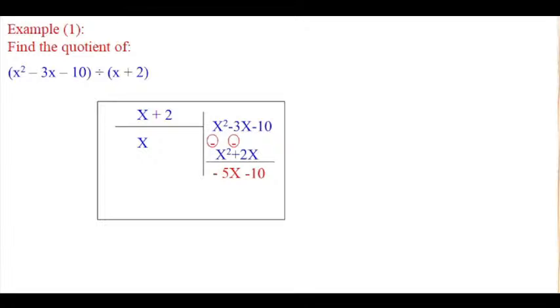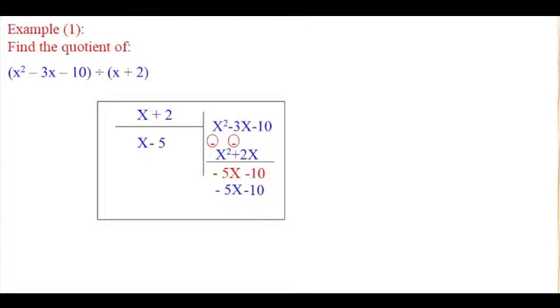Step number 4. We have to repeat the last steps by dividing negative 5x, which has the greatest power, by x in the divisor. The quotient is negative 5. We have to multiply negative 5 by the divisor. The result will be negative 5x minus 10. Step number 5.